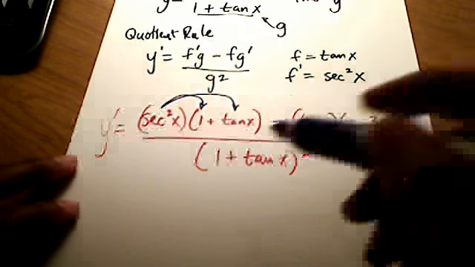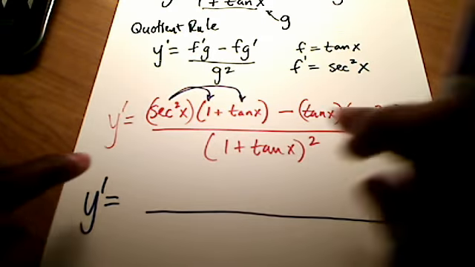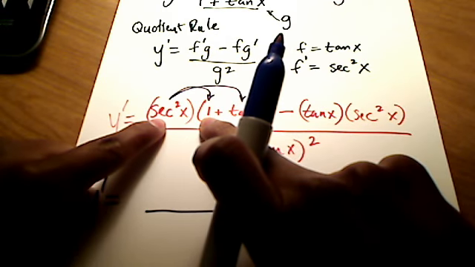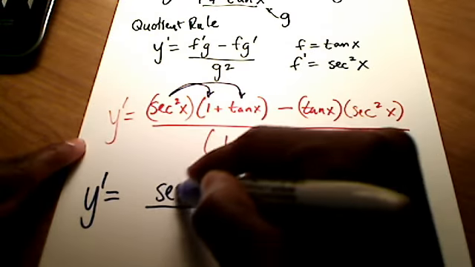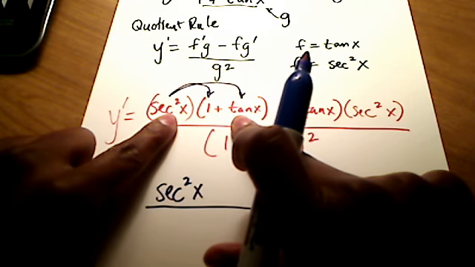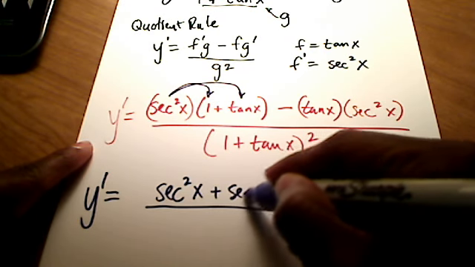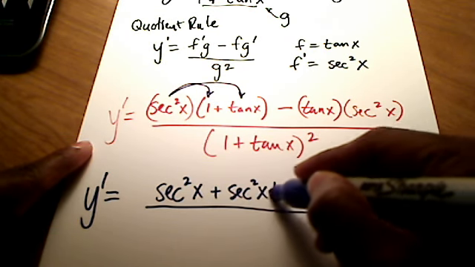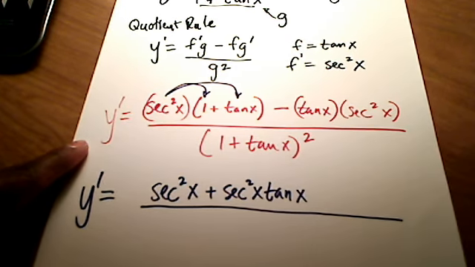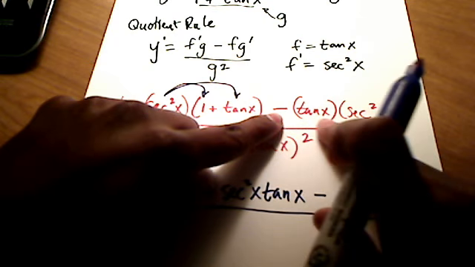So let me write my numerator this way: I've got secant squared x times 1, that's just secant squared x, and secant squared x times tan x is secant squared x tan x. I just used the distributive property there, don't need the parentheses anymore, minus, this product over here.